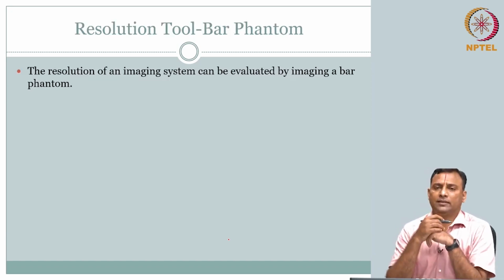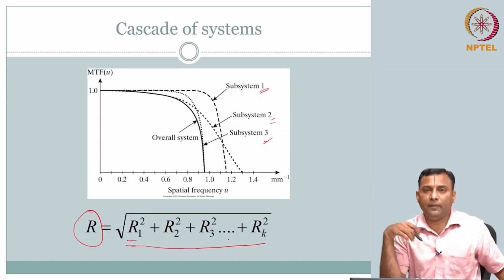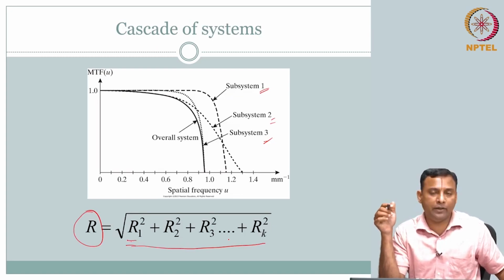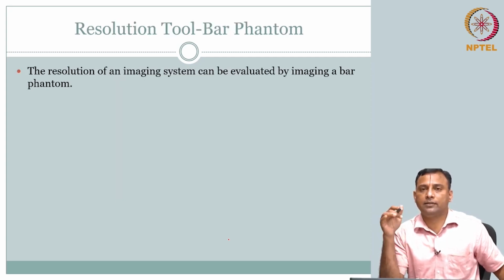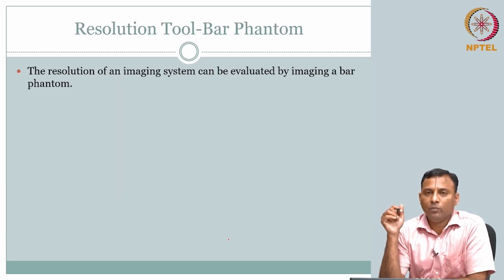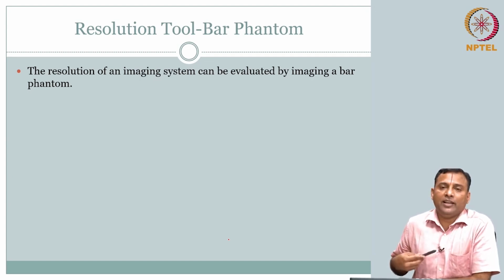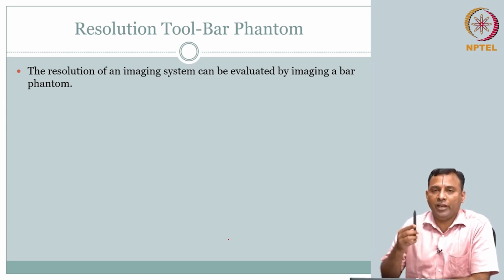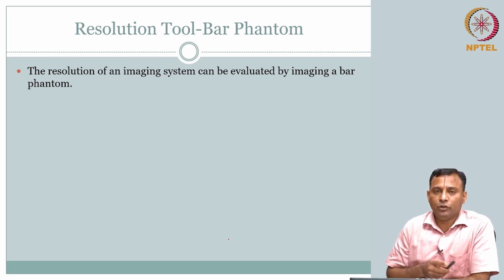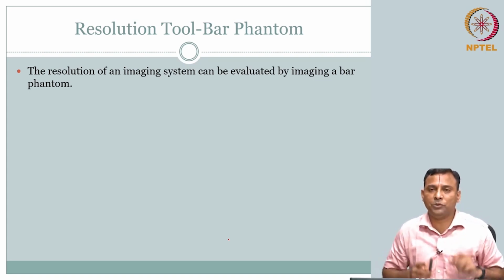So, how do they do this? This is fine, but how do they typically do it? How do you calibrate? How do you say the imaging system resolution is one thing or the other? Most of the time, you have an imaging system and you have a ground truth. The example that I showed with a pen and a microphone is very arbitrary. It is okay for a concept, but if every instrument has to be checked and calibrated to say what resolution it has, you had better have everything else the same, and only the system should be different.